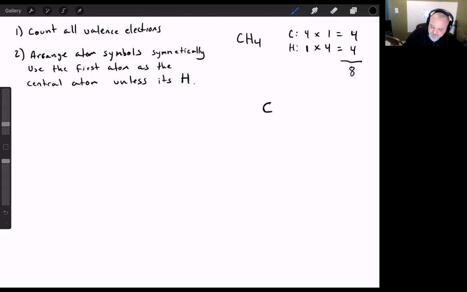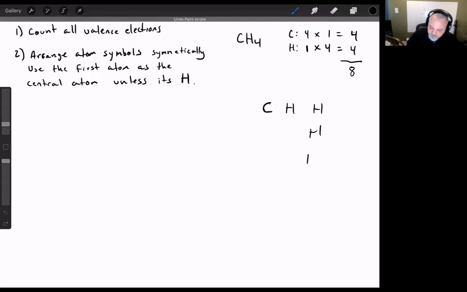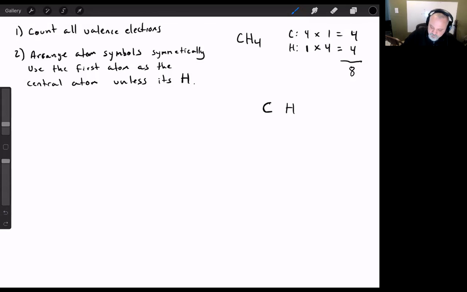Because at the end of the day, they all have to be bound to each other. And so drawing pictures like this don't actually represent molecules. So if you want to draw an accurate picture of a molecule, molecules will bind in very simple, straightforward patterns.